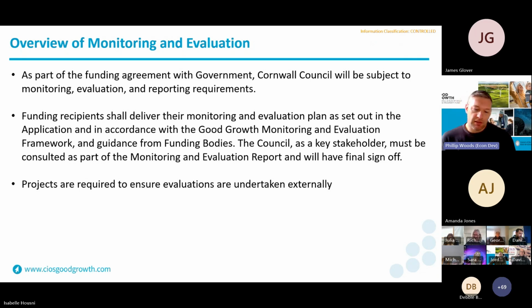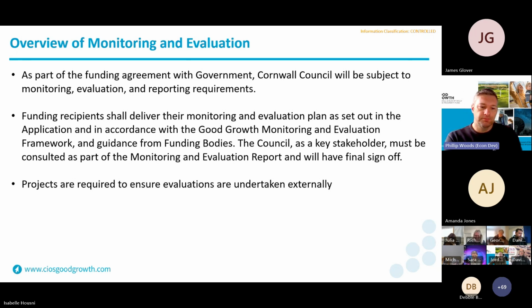Projects are required to consult Cornwall Council on the monitoring and evaluation report, and as it says there, we have final sign off on those as well. All projects are required to ensure that evaluations are undertaken externally, and there is a caveat to that, which I'll come to in a moment when I talk through the guidance.